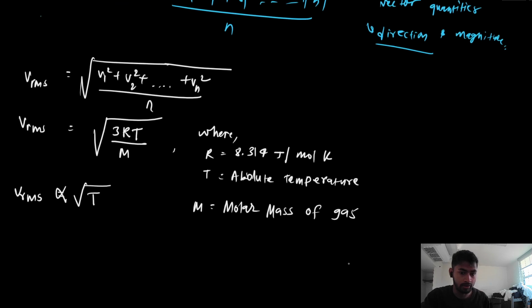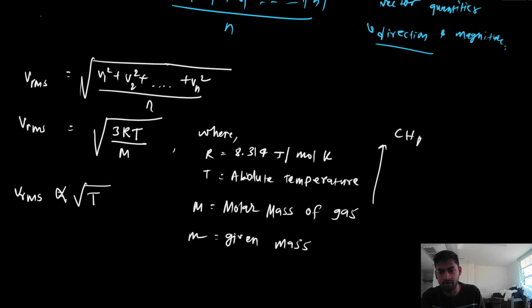When I say molar mass, please do not confuse this M with any other, like small m given mass, because molar mass would be something like the actual mass of the gas.